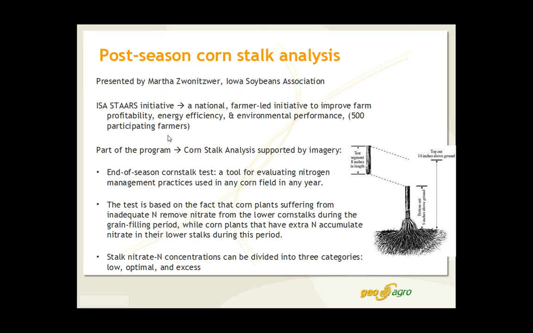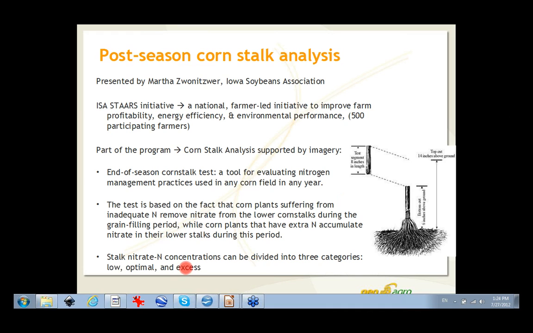It's an initiative to improve energy efficiency and farm profitability. They provide advice for farmers on a number of things, and one of the things they're working on is corn stalk analysis. After the season is over, there's a standard corn stalk test, which evaluates nitrogen management practices. So basically to see if there is low, optimal, or excess concentration of nitrogen.